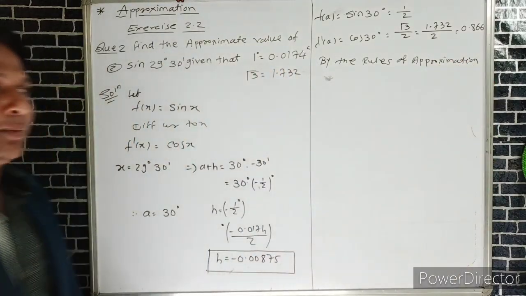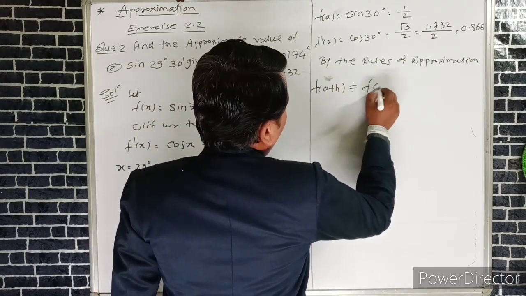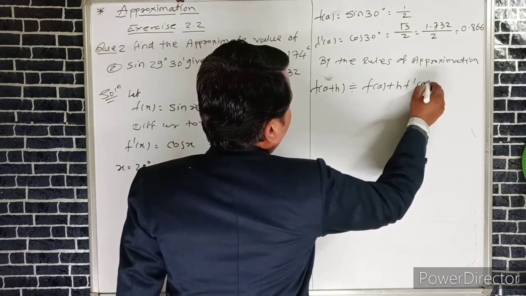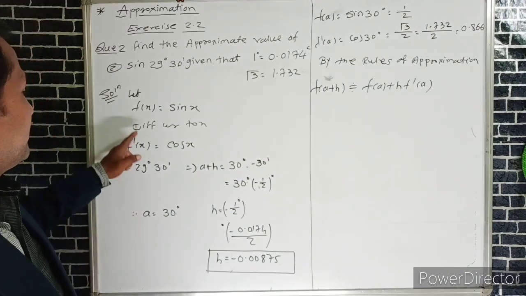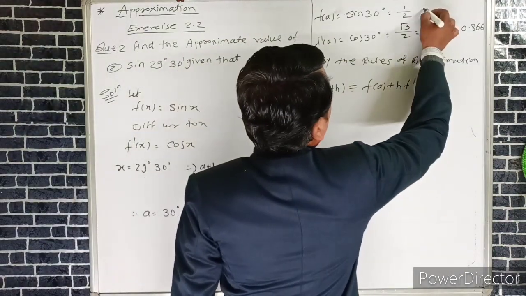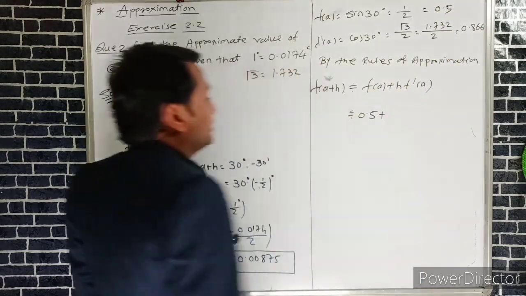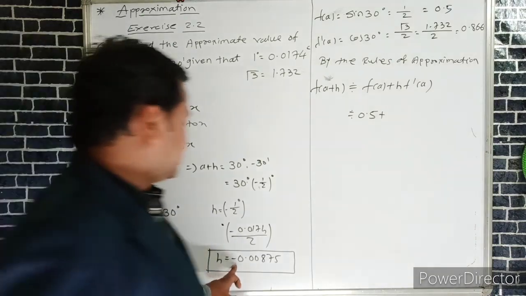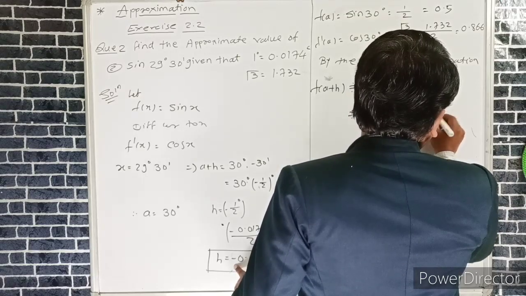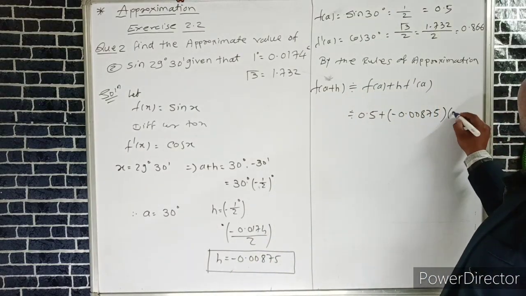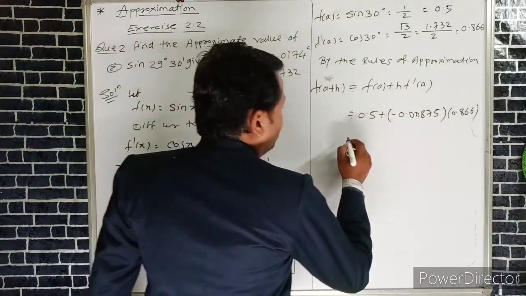So by the rules of approximation, the formula is f of a plus h is approximately f of a plus h into f dash of a. Here f of a is 1/2, which means 0.5, plus h, a very small increment, which is minus 0.00875, into f dash of a, which is 0.866.